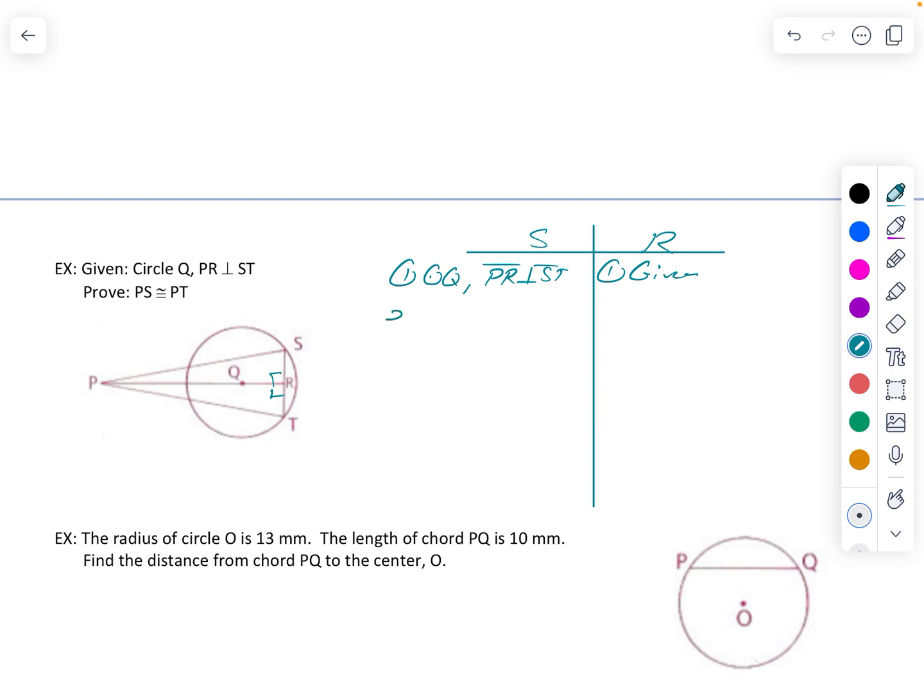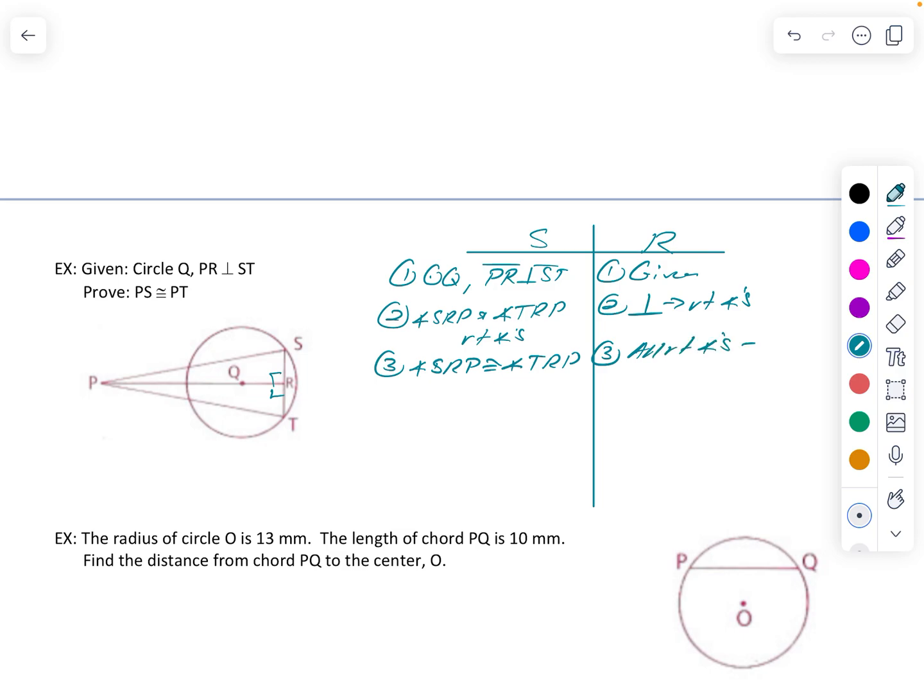Okay, so when we have perpendicular, we know then it makes right angles. So we can say angle SRP and angle TRP are right angles. And that means perpendicular makes right angles. And then we know that angle SRP is congruent to angle TRP because all right angles are congruent.